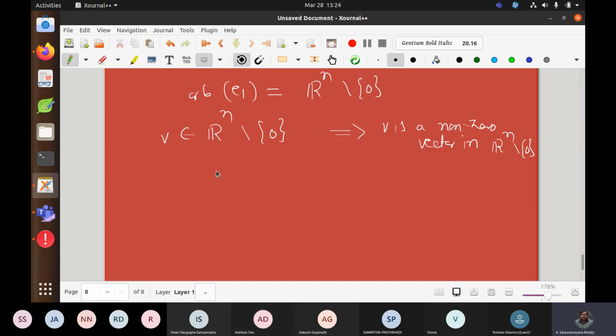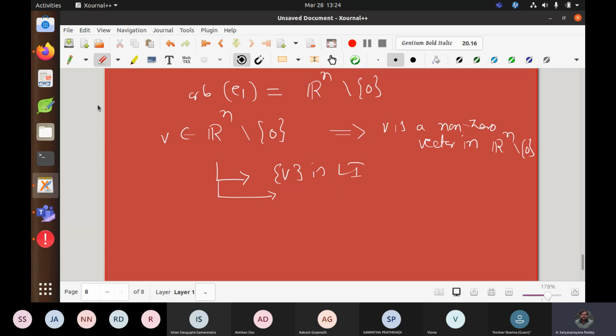Yes, Anirban. Yeah. V is a non-zero vector, we know. So the singleton V is linearly independent in Rn. Very good, very good. So the singleton V is linearly independent. Every singleton non-zero vector is linearly independent. Yeah, next. Now we can extend it to a basis of Rn. See the beauty?